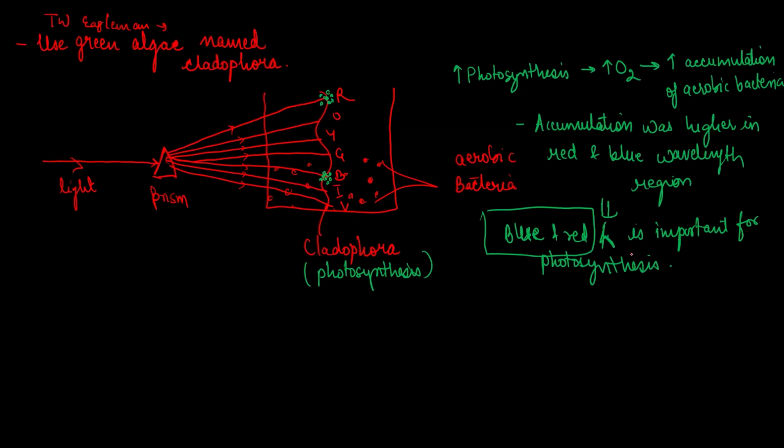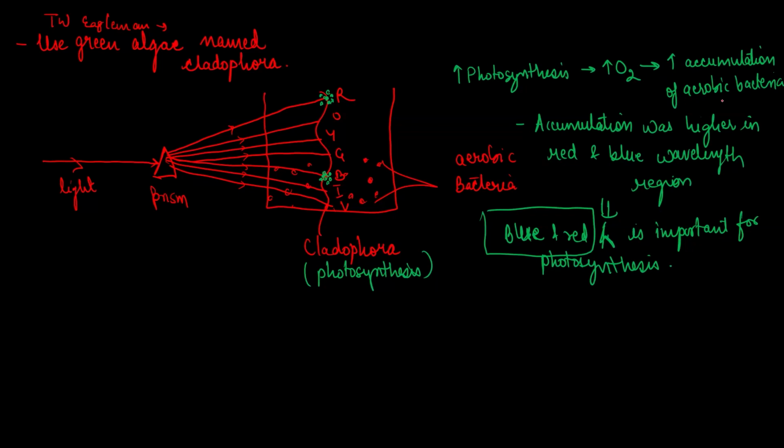And the reason why? Because we know that during photosynthesis, oxygen is formed as a byproduct. So if there is an increase in the amount of photosynthesis, there will be an increase in the concentration of the oxygen that will be formed, right? And this increase in the concentration of oxygen will lead to increased accumulation of aerobic bacteria. Why?